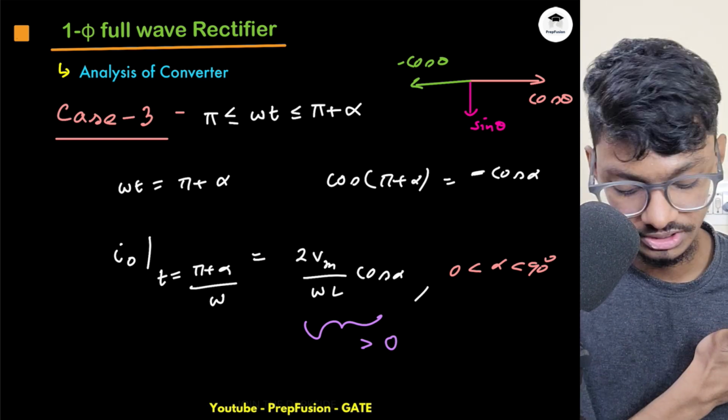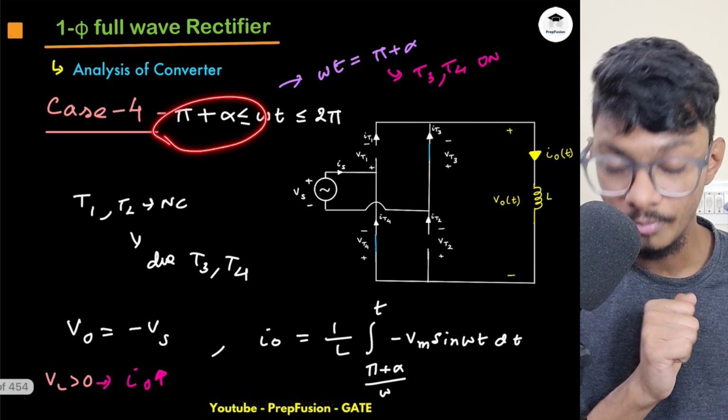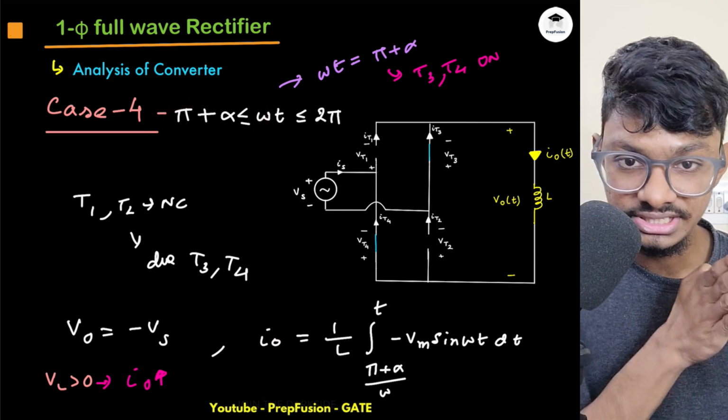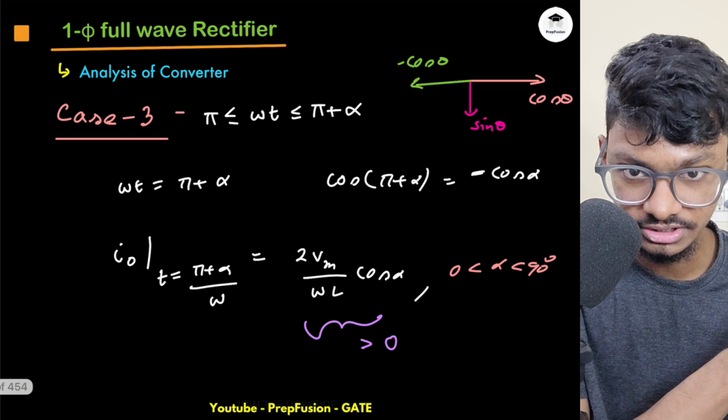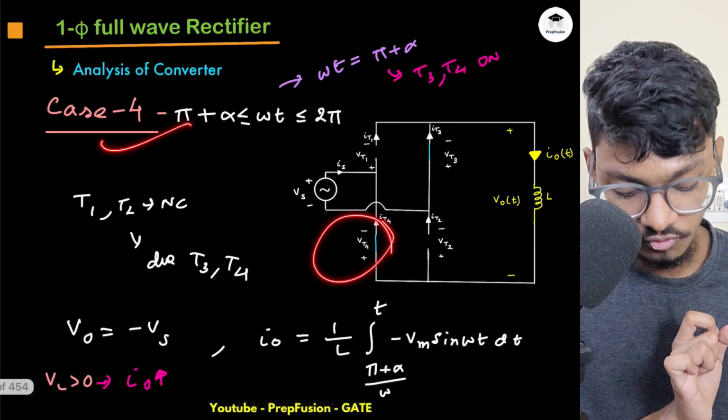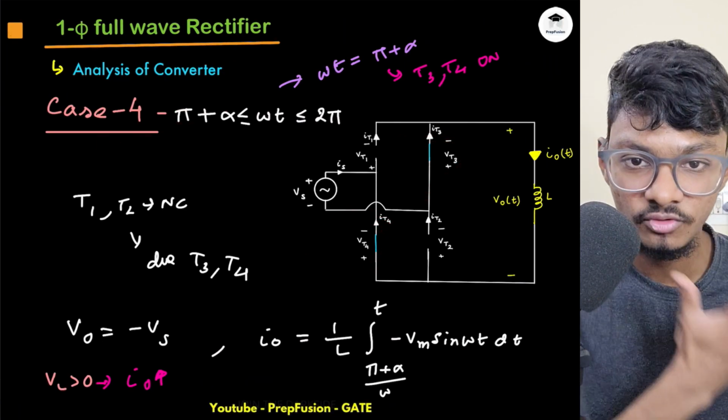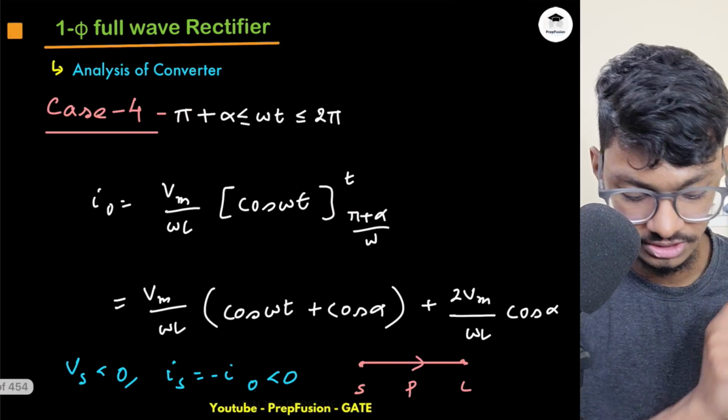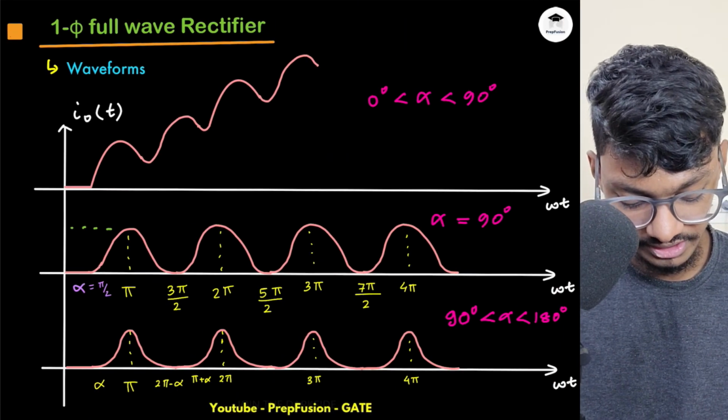conduction and discontinuous conduction. If your alpha is 90, then just at alpha the current totally discharges to 0. Then again T4 and T3 are turned on, and as soon as they are turned on, the inductor current starts from 0. So I have taken the boundary condition.